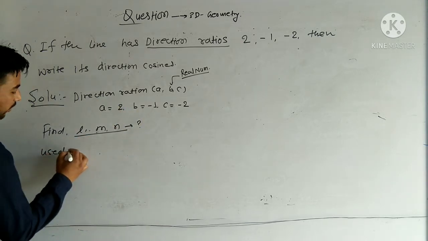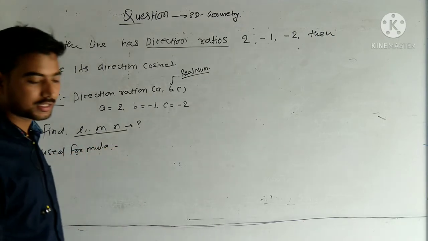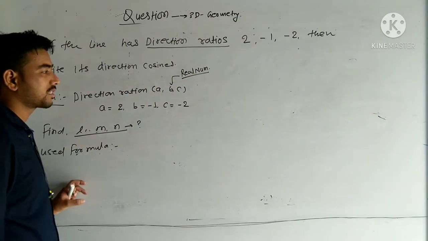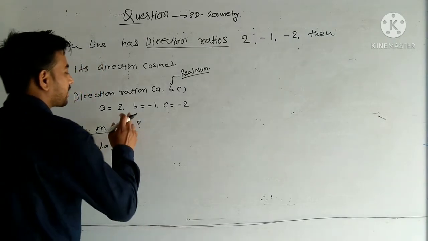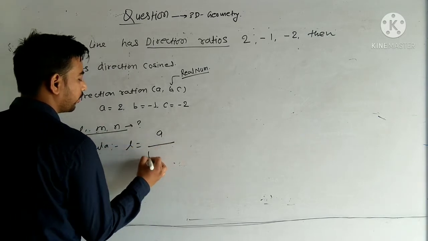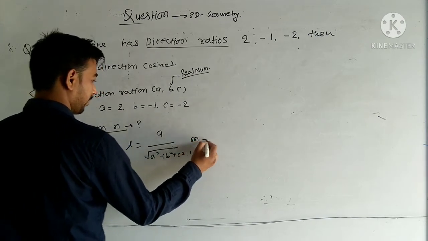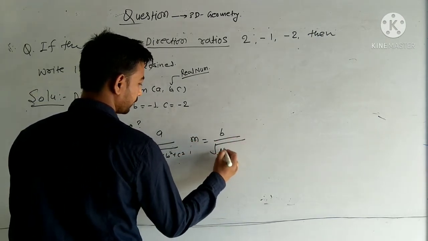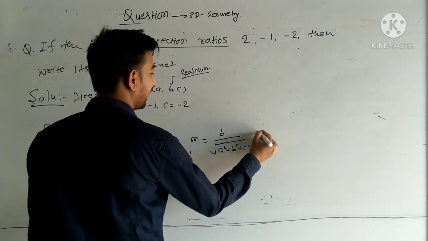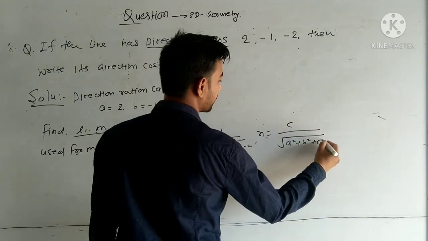So what formula is used here? In mathematics, with the help of a formula you can solve it. In the lecture I discussed the relation between direction ratios and direction cosines: L equals A over root of A square plus B square plus C square, M equals B over root of A square plus B square plus C square, and N equals C over root of A square plus B square plus C square.